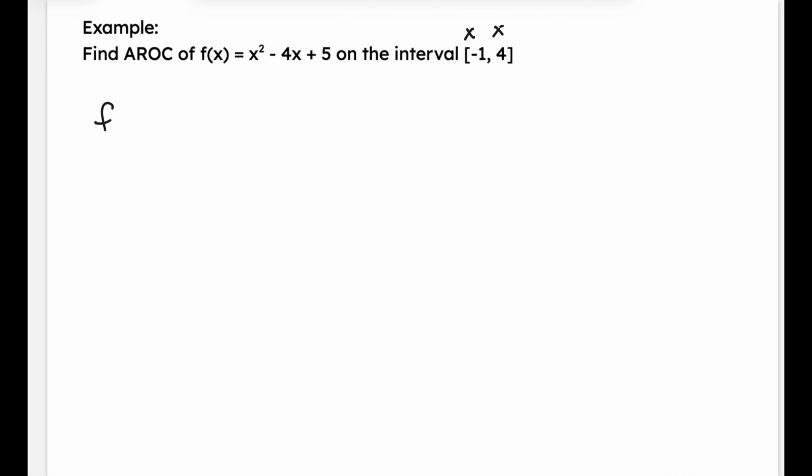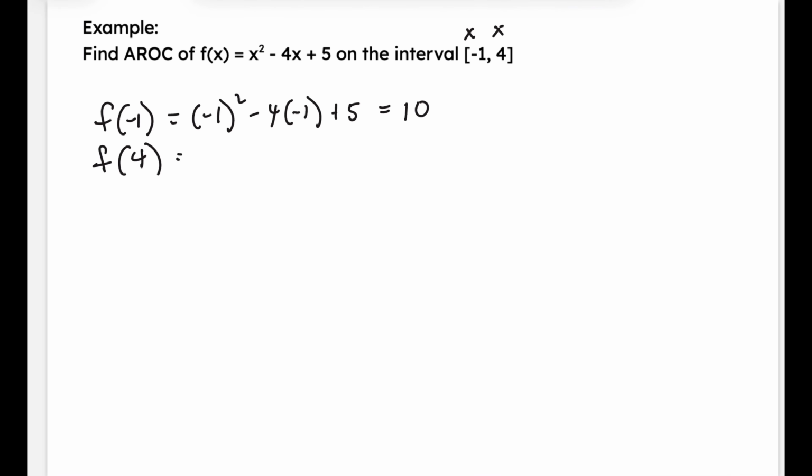So if I find f of negative 1, that would give me negative 1 squared minus 4 times negative 1 plus 5, and I get 10. And then f of 4, which is 4 squared minus 4 times 4 plus 5, which gives me 5.